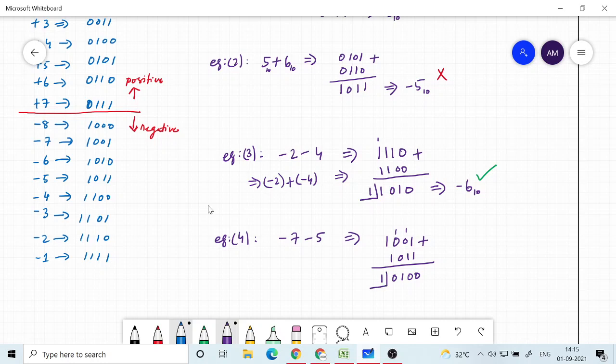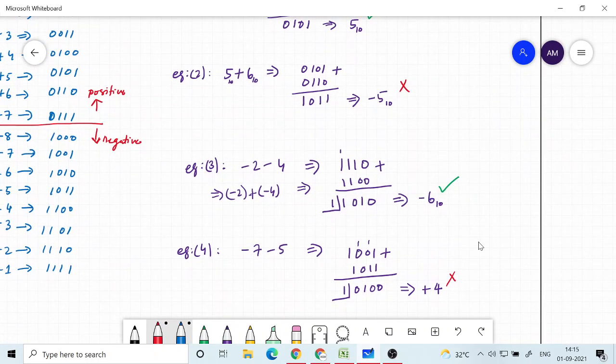The carry, if it comes, we can discard as per the rule, but after that this is 0 1 0 0, and what does it represent? This is plus 4, and definitely this is a wrong result, because when you add two negative numbers, you should get the answer as negative. Here it is coming positive.